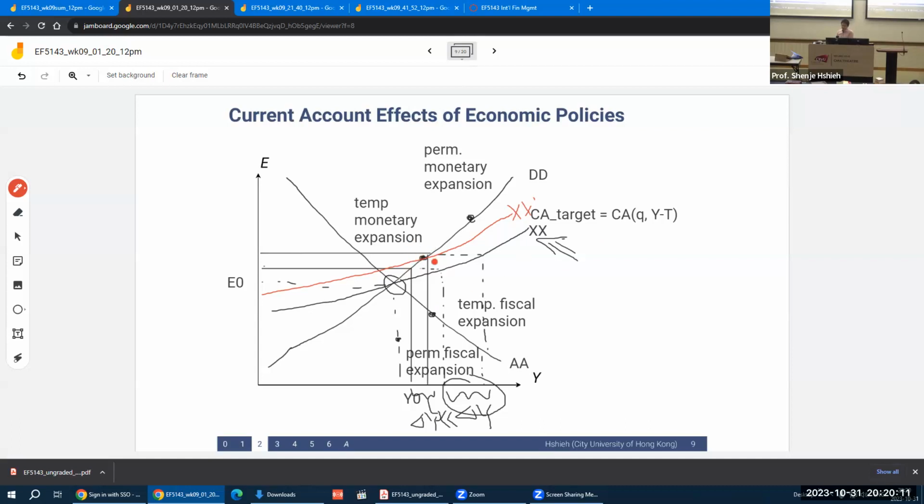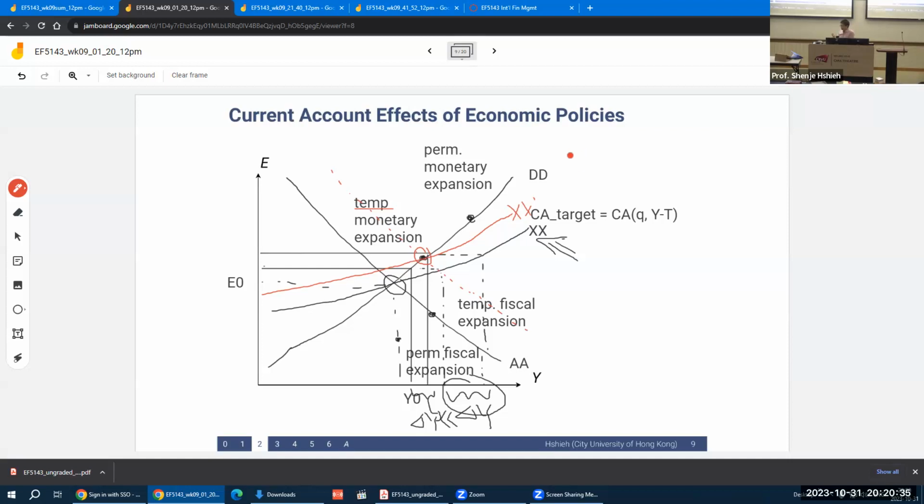So here, relative to this point, you can easily hit this if you decide to conduct expansionary monetary policy, right? Especially a temporary one. So as long as you increase the AA schedule up to this point here, you can then meet the new XX prime target, right?